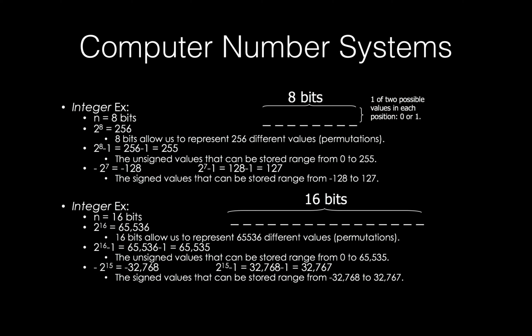If you want signed, then it's 2 to the 7 minus 1, with the negative side going down to 128. I hope all these things make sense. Again, I just want to call all this out because we are going to discuss it a little bit, and I want us to have a common ground. So I apologize to the CS students that are listening to this.